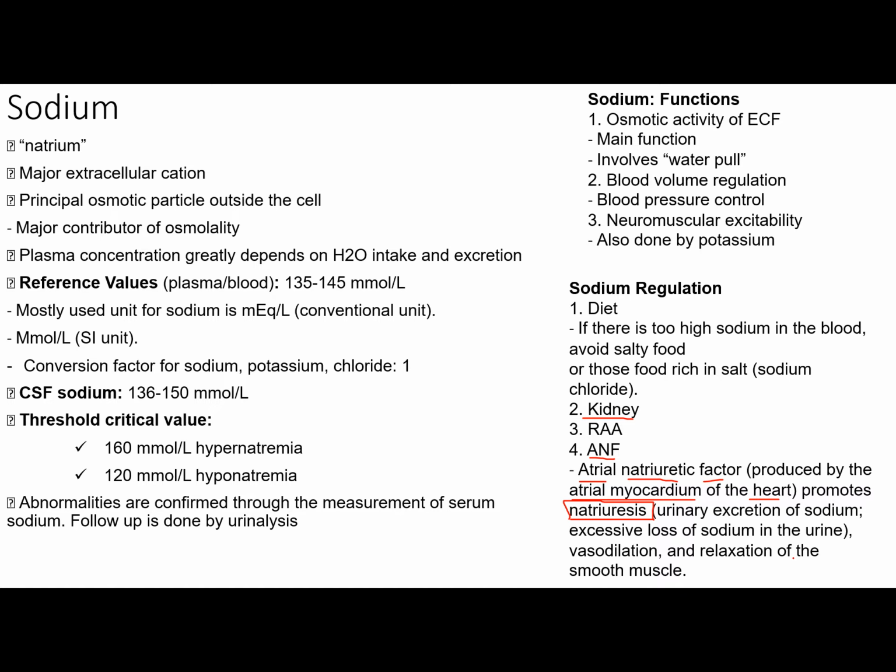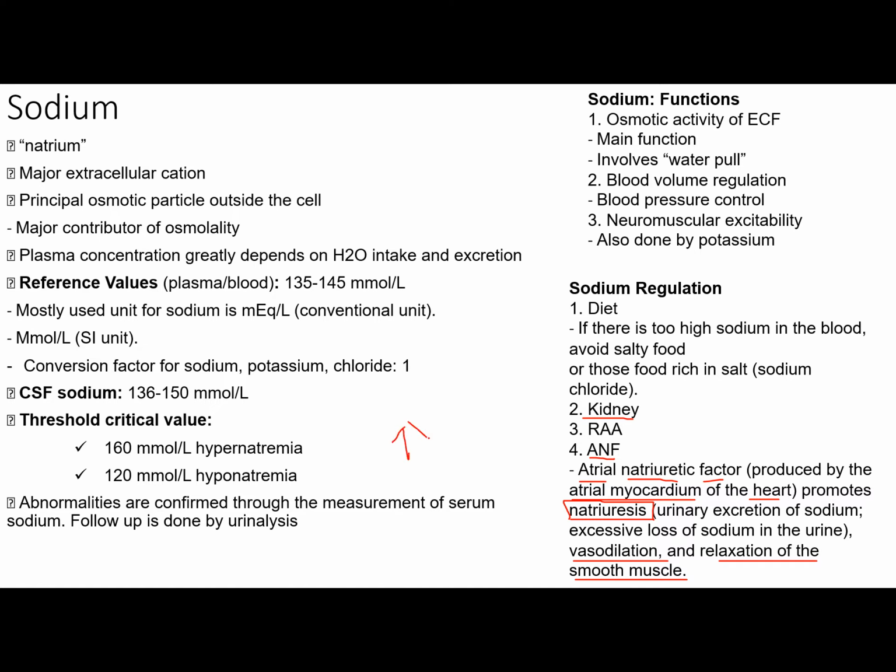So let me repeat class ang purpose ng ANF nyo is that it would promote natriuresis, vasodilation, and relaxation of the smooth muscle. The most important function of your ANF class is natriuresis, wherein there would be urinary excretion of sodium and would lead sometimes to excessive loss of sodium in the urine.